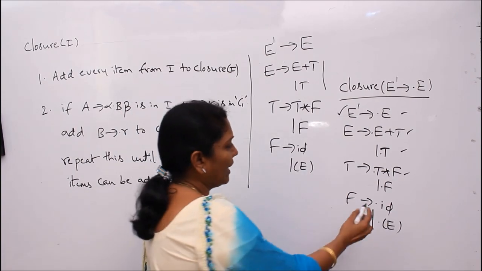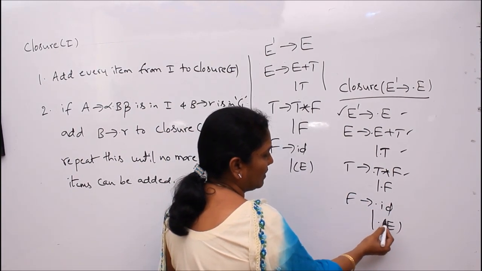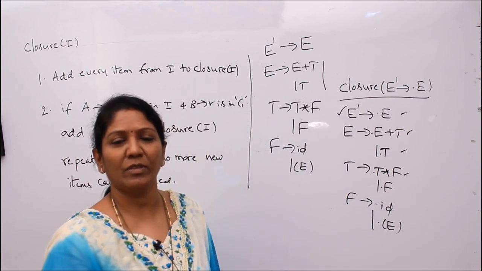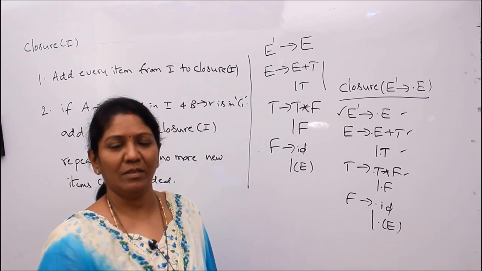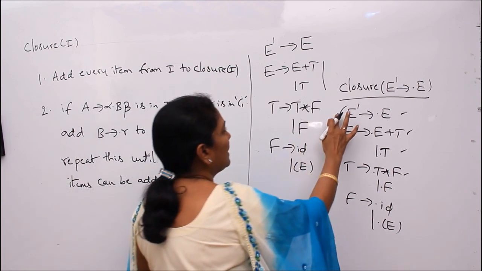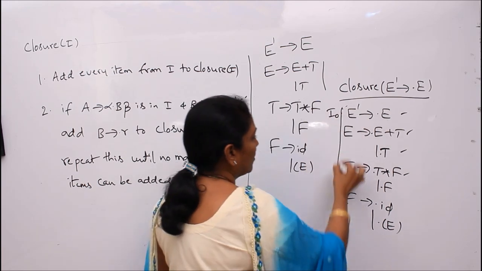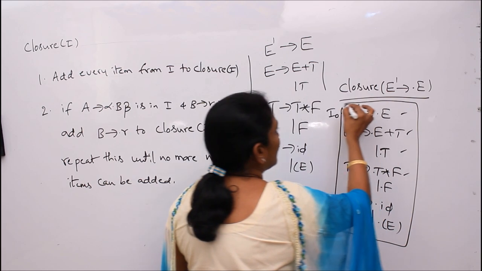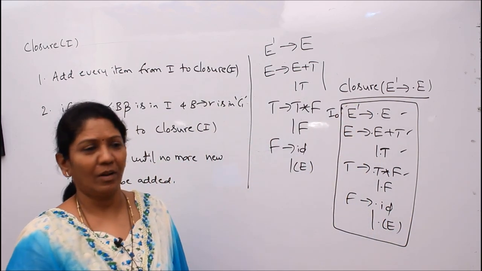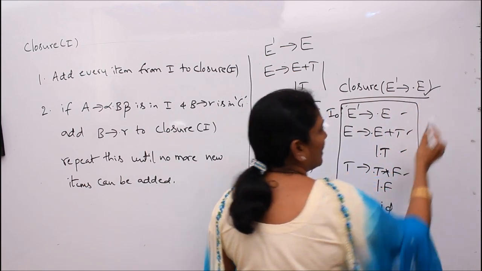Now if you look at the newly added items, what you have here is ID, a terminal, here it is left parenthesis, a terminal. So that is where it stops. This is how you get finite set of LR0 items. Now this complete set, let us name it as set I0. I0 is the result of closure of E' → dot E. See here in input you have only one item.